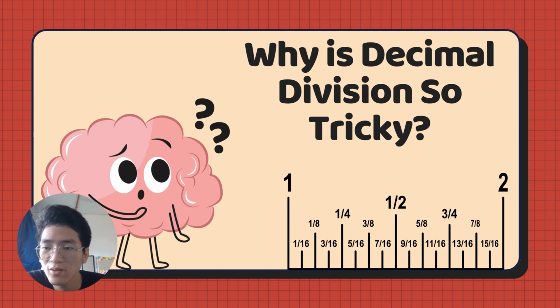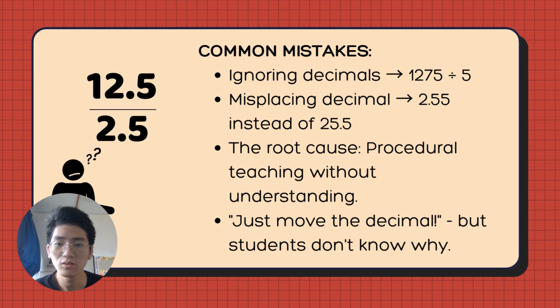They either ignore the decimal and divide, or they get the right number but the wrong placement, like 2.55 instead of 25.5.